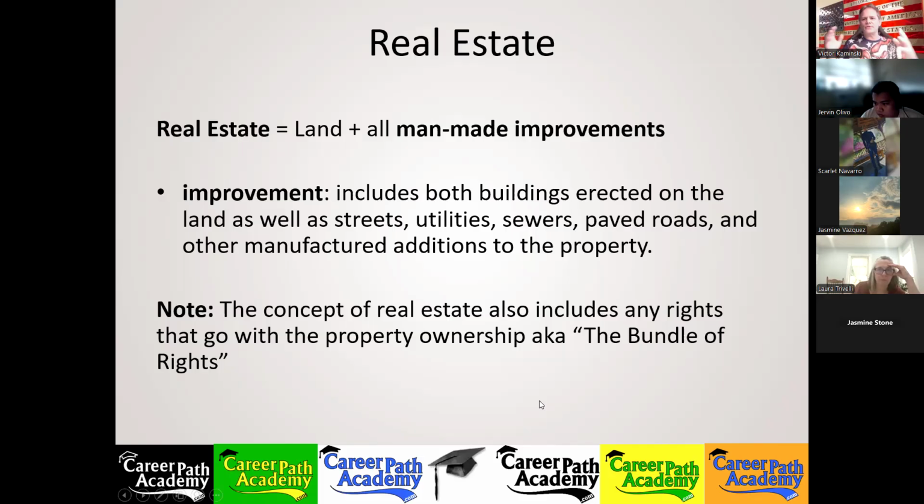Now, when you get those bundle of rights, we're also going to learn in this chapter or the next chapter, when you sell your property, you could restrict how future owners use the property. And if you do that, those bundle of rights are now limited.